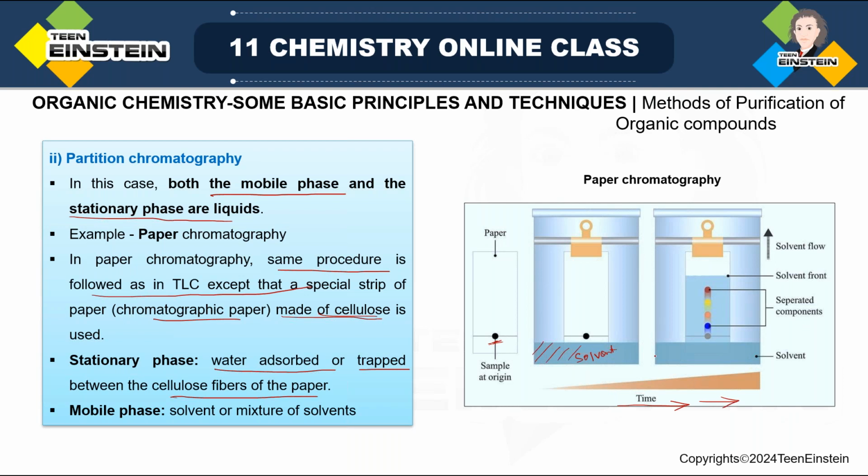The spot will be separated into different components, depending on how many components are there. The solvent will start from here and reach this point. And you can see here we have different types of spots. So from this distance, you can again take the Rf value, just as you have taken it in the case of TLC. Same method. Okay.